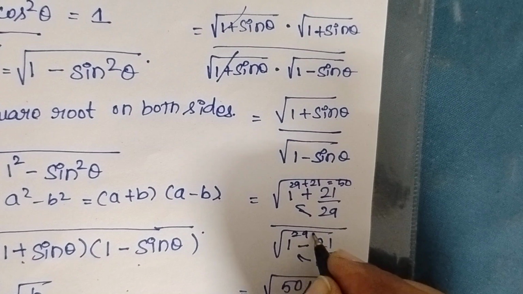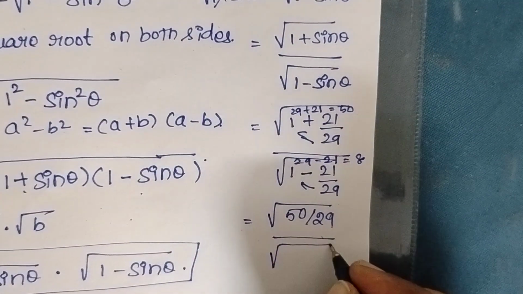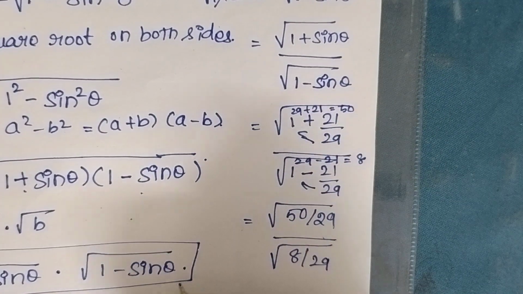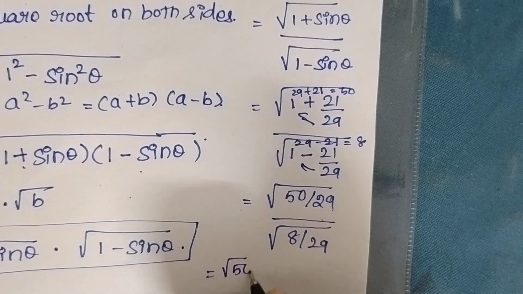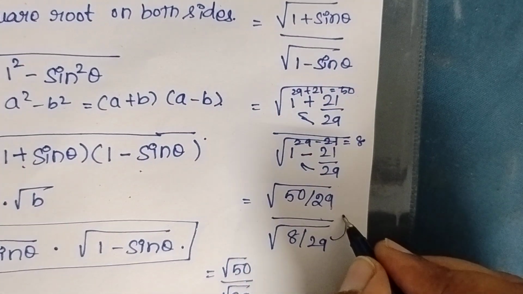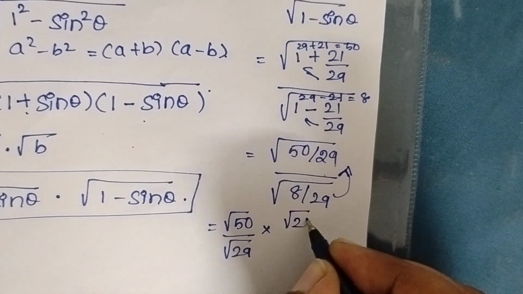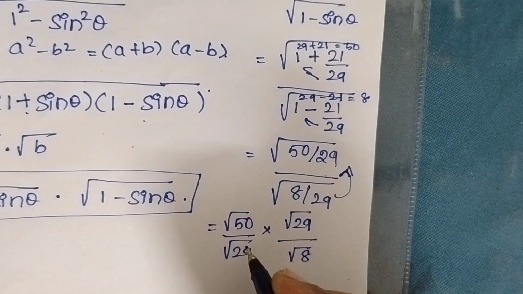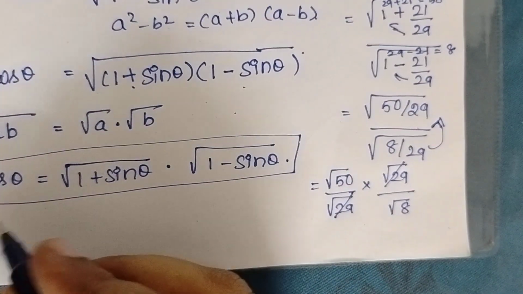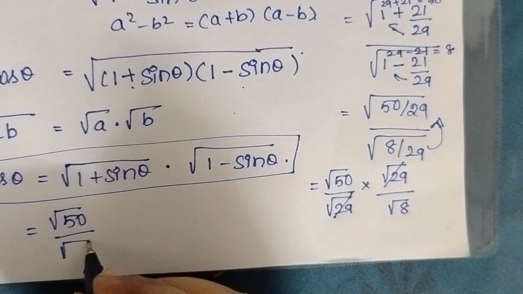Similarly, 29 minus 21 is 8, so root of 8 divided by 29. This can be written as root 50 divided by root 29, and moving it over, it gets reciprocal: into root 29 divided by root 8. Root 29 gets cancelled, so we get root of 50 divided by root of 8.